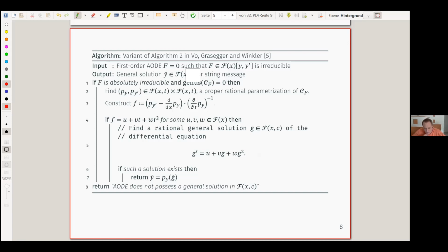And what I will also do, and what has been done in all these approaches, is that I have some differential base field over which my algebraic ODEs are defined. And I will look for solutions that can be constructed by just adding one single arbitrary constant to this field.